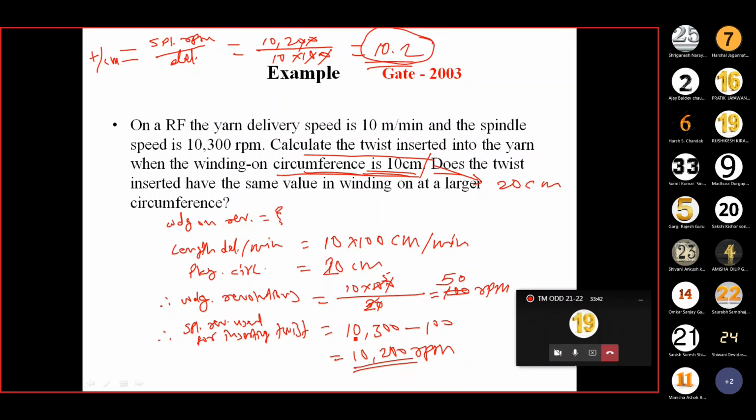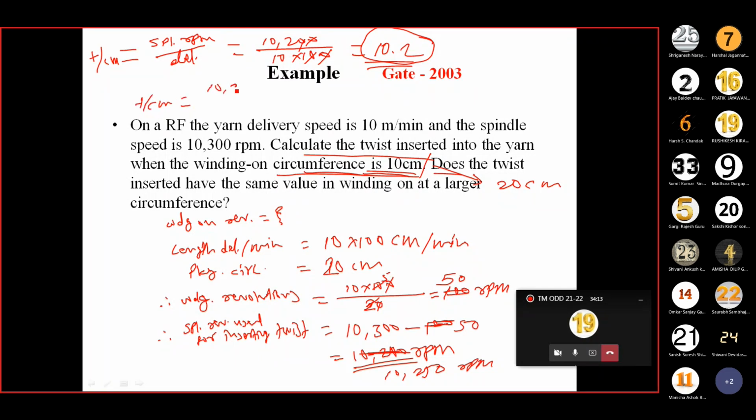Now I will deduct: 10,300 minus 50. The answer will come 10,250 RPM. So in the case of a larger circumference, say 20 centimeter, the spindle revolutions required to insert the twist is 10,250. I will use this value and again calculate the twist per centimeter.